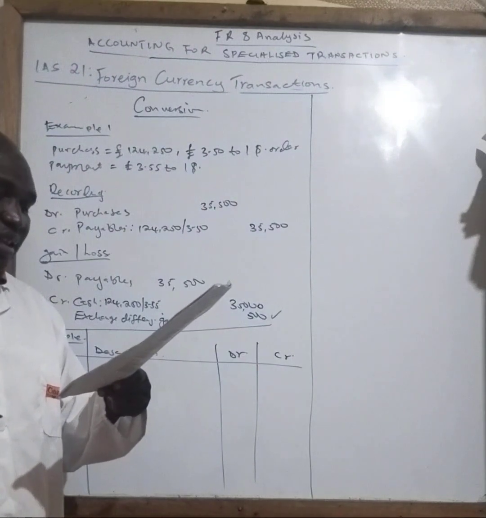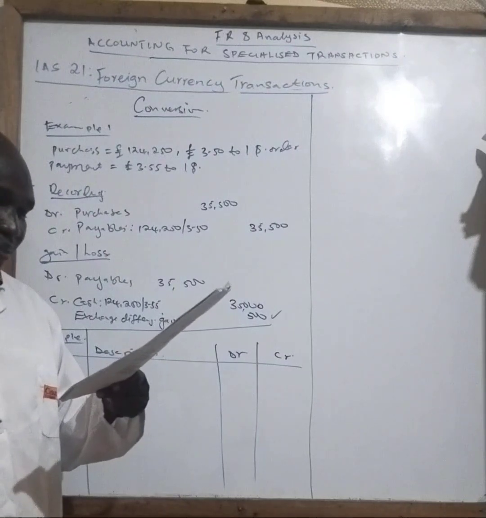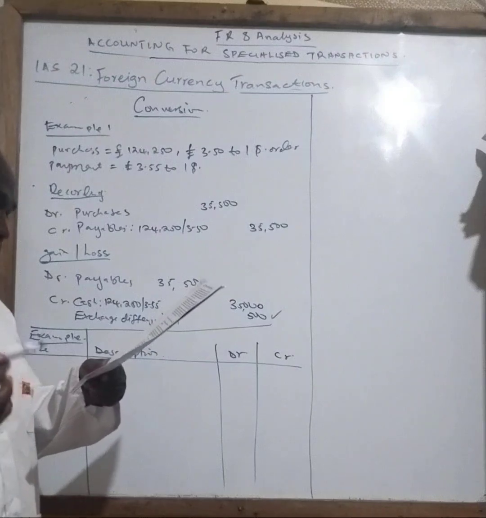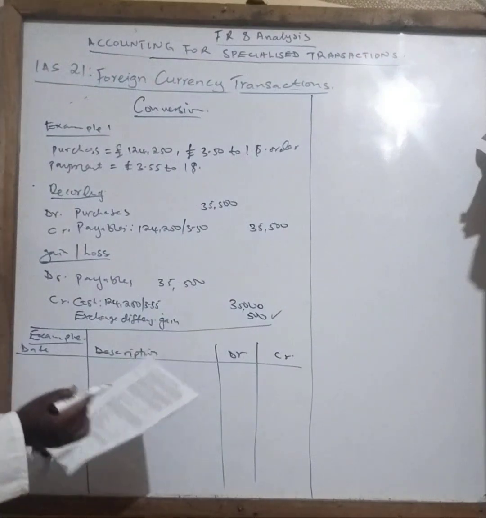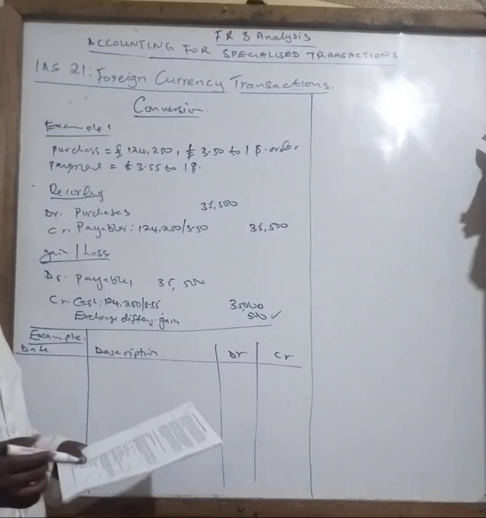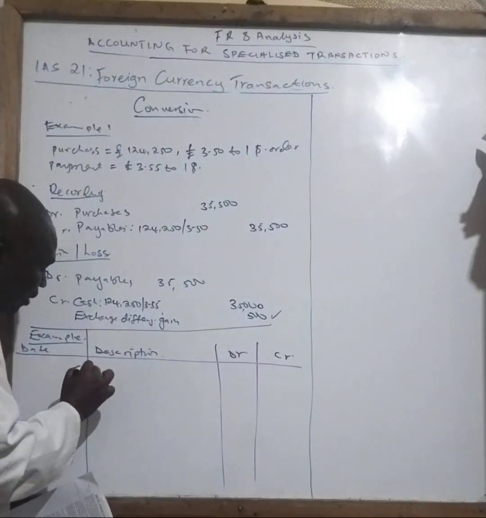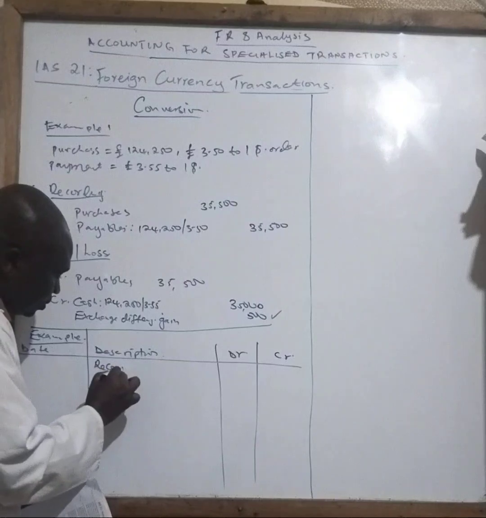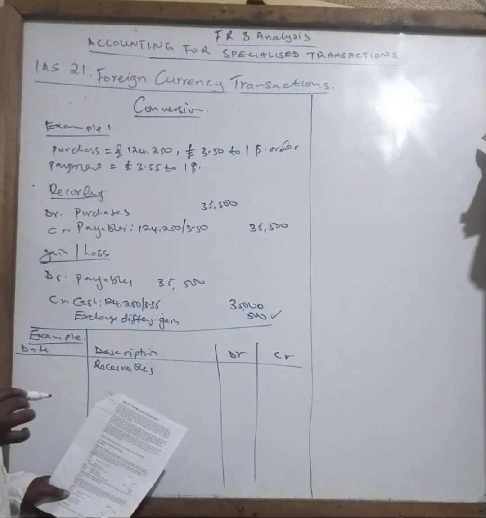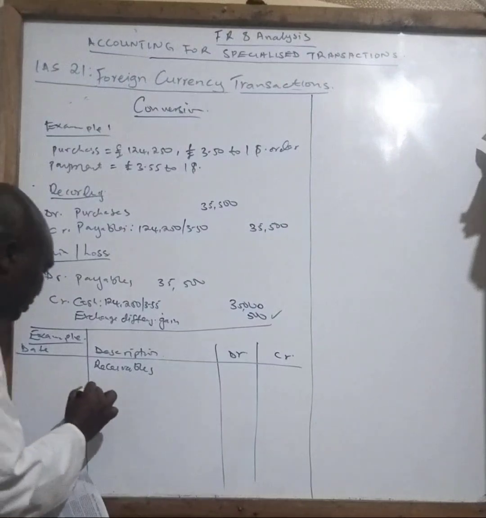But when the debt is eventually paid, okay, there's a payment. So let's do recording first. In this case, we don't have the debt, so we can assume there is no debt here. So what is happening here? We are doing the sales. So we have to debit our receivables. Correct? Then once you debit your receivables, you credit what? Sales.